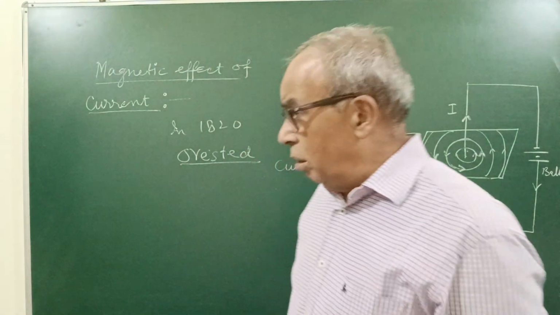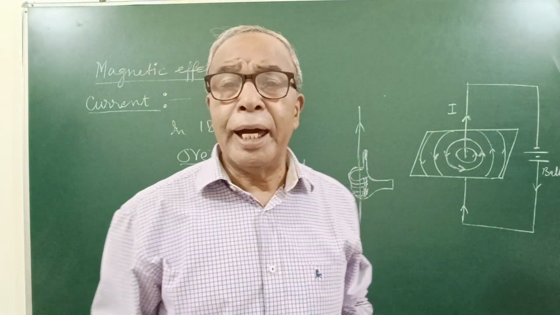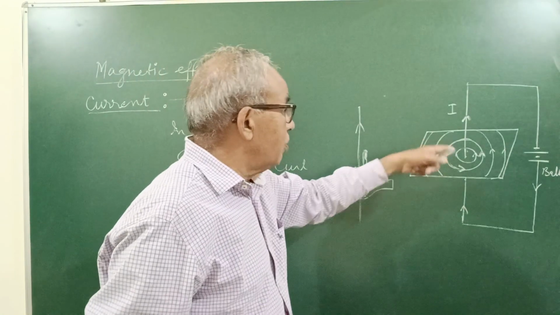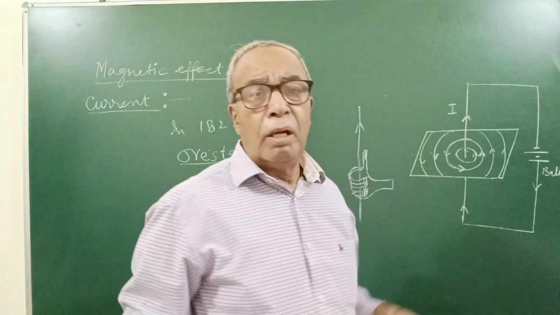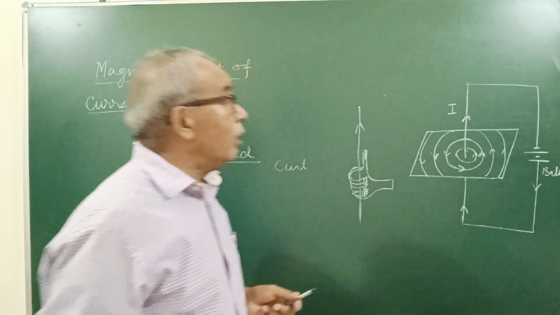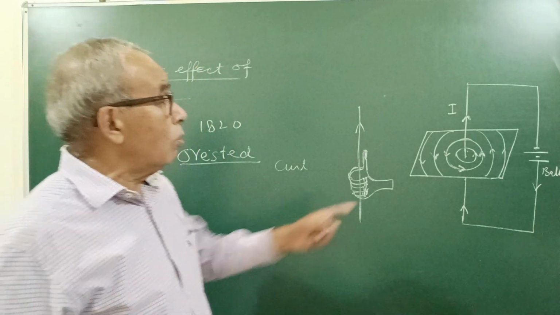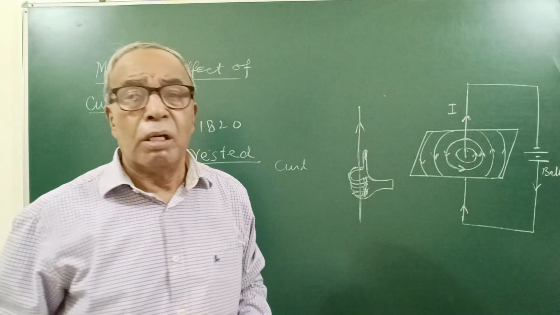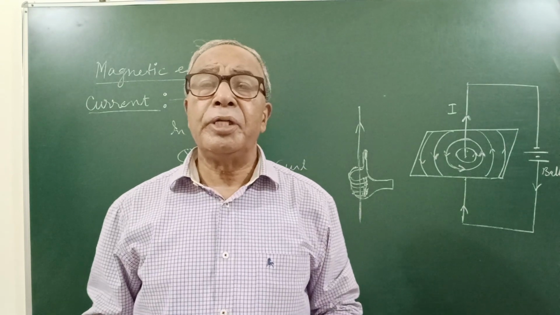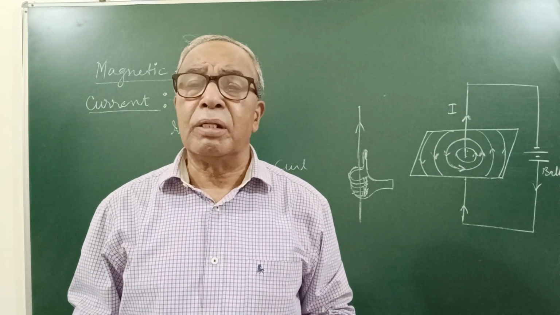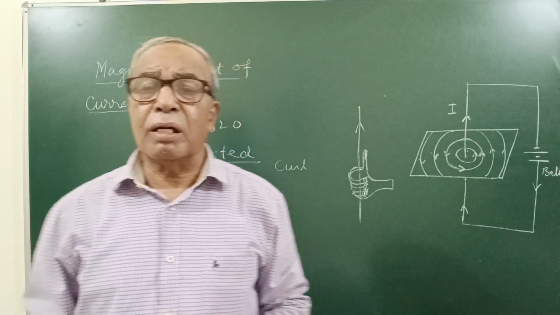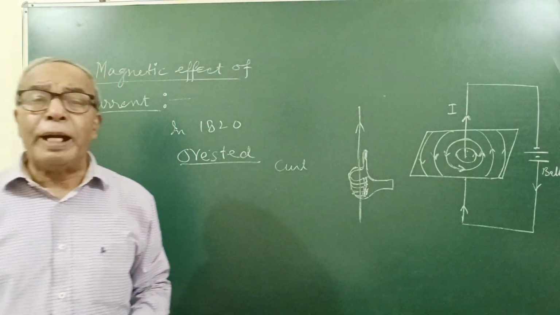The direction of field produced depends on the direction of current, and the magnitude of the field will depend on the current. There are different configurations by which we produce magnetic field.